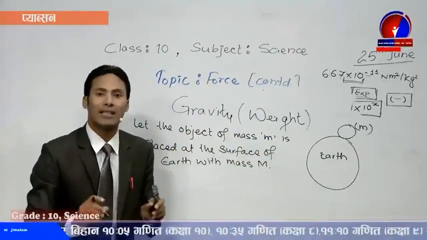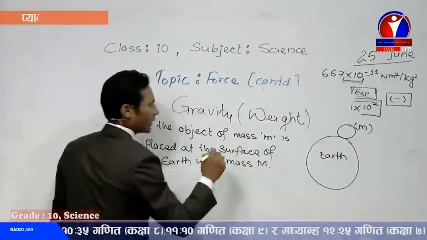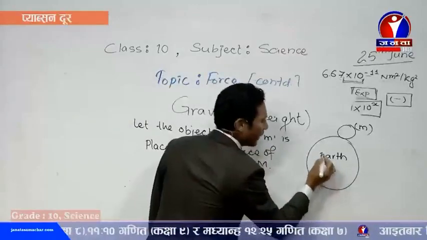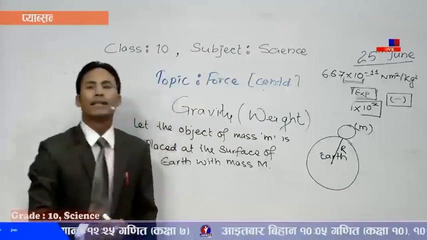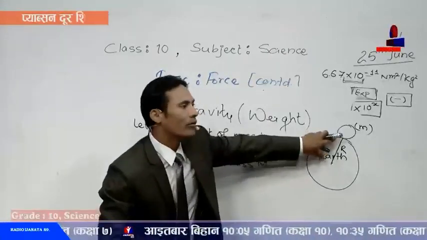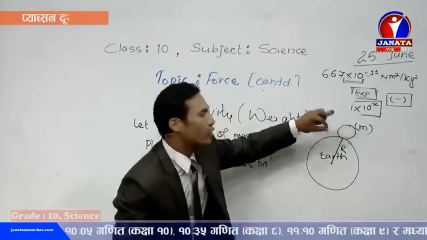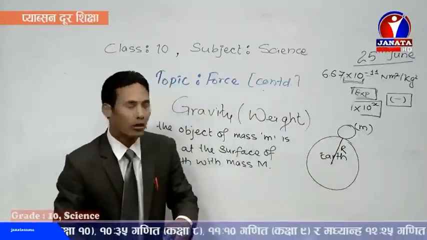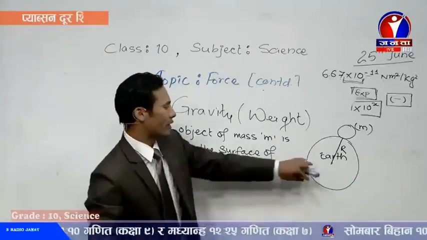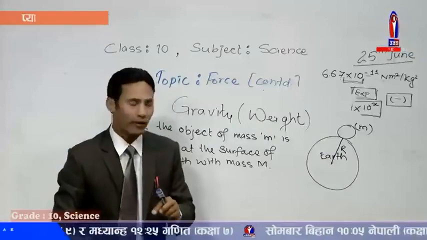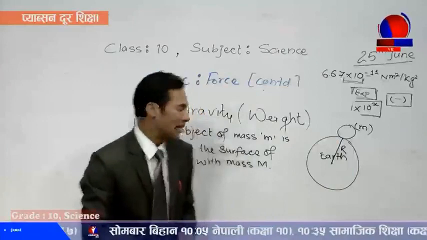That is a general assumption, or a standard you can say. Now look here, the distance between them is the radius of the earth, R, right? We consider the distance between them as R because the object is very small, so its radius is negligible in comparison to the radius of the earth. That's why we consider the distance between them capital R.